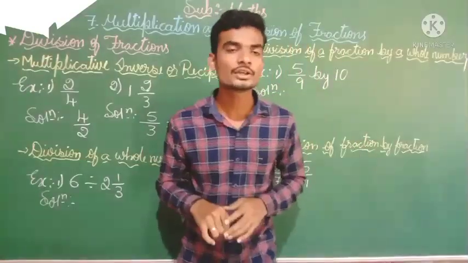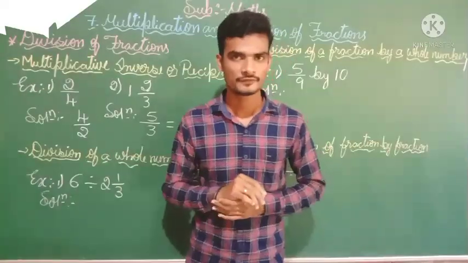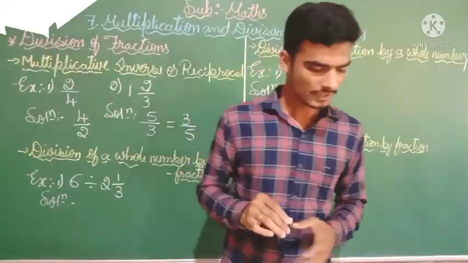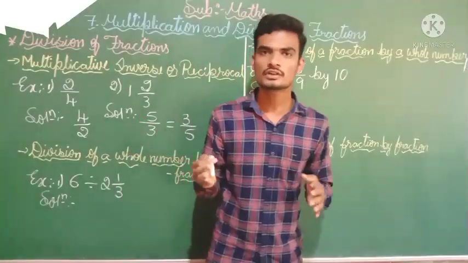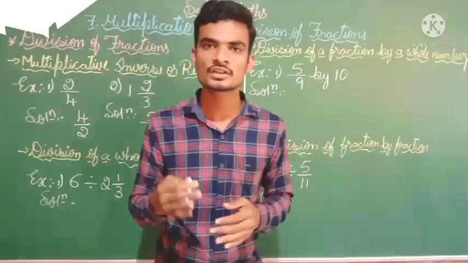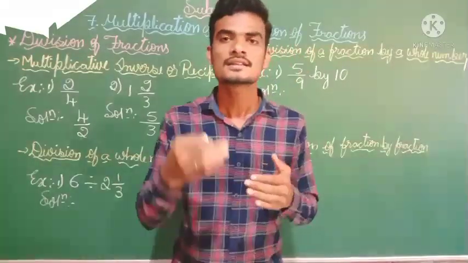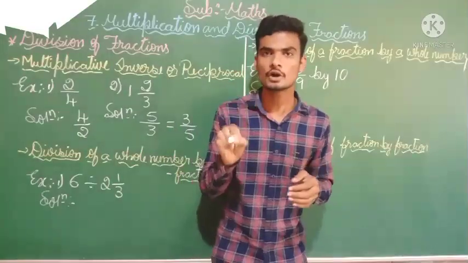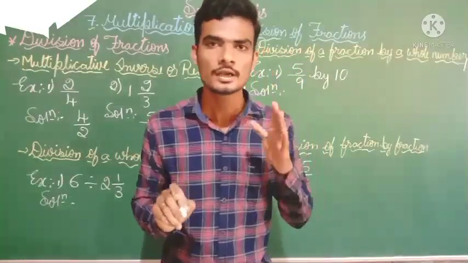Then the multiplicative inverse of 1 is always 1 itself. There is no multiplicative inverse for 0. And if a whole number arises, then we have to write 1 for the denominator. This you have to remember while you are solving a problem.